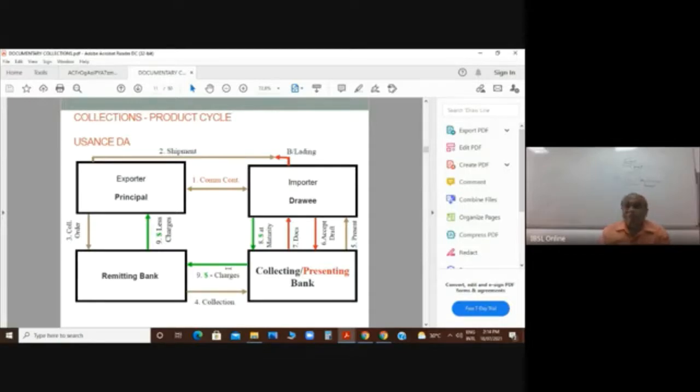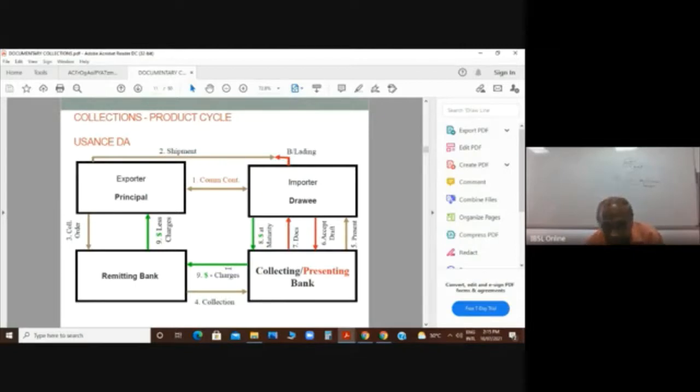Then the drawee will come to the bank and accept the draft because it's a DA bill, documents against acceptance. Once he accepts the draft, once he gives an assurance that he will pay on a future date, the bank will give the documents to the importer.